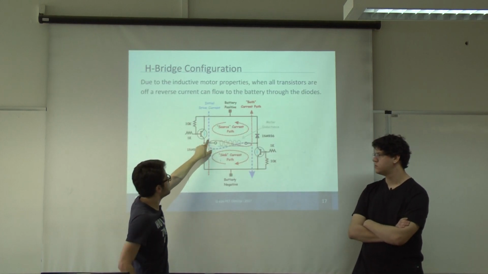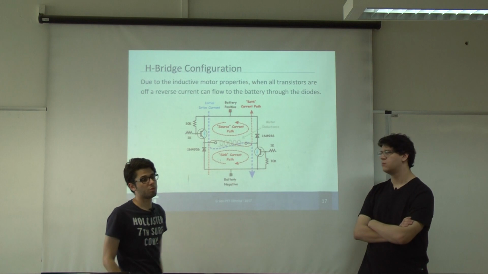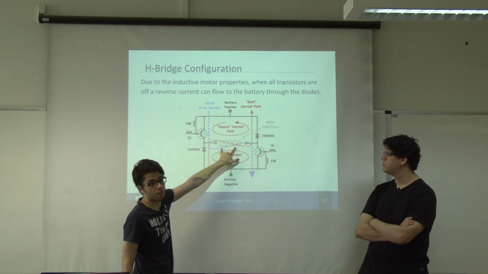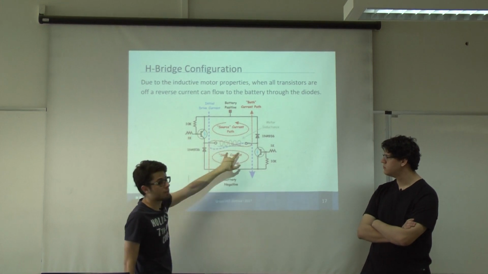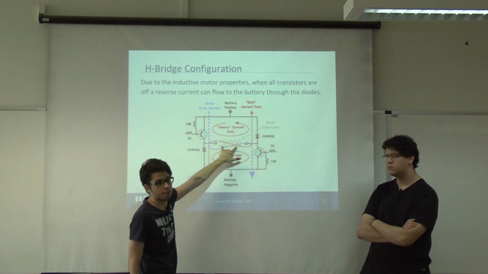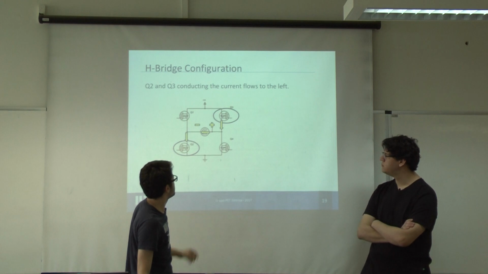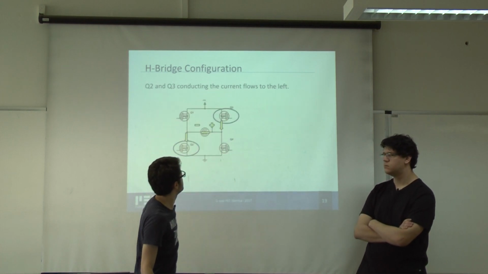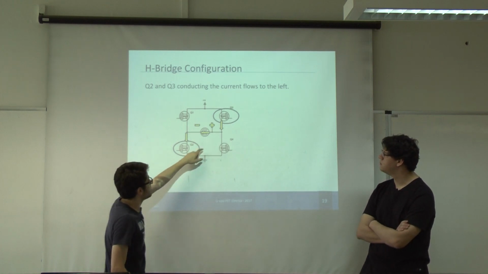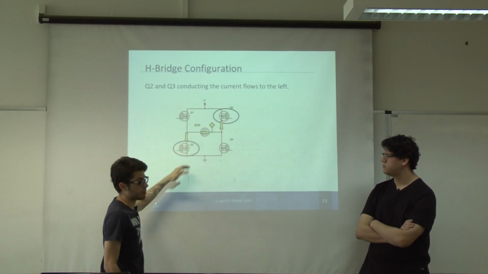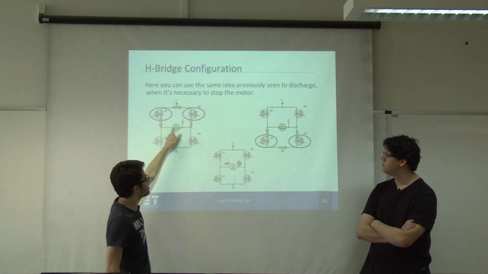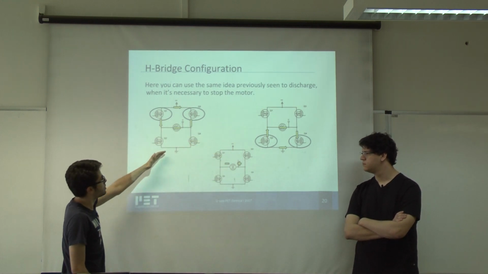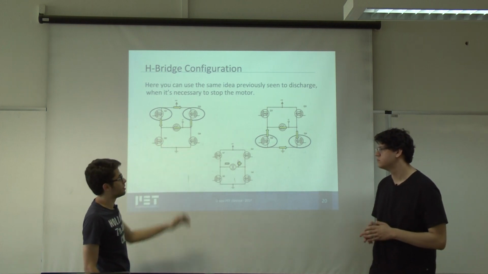This is caused by the inductance of the motor. So it will actually charge, and when you turn off, we will still have some charge here. So you really need to do this to dissipate the current. This is the other way that the current will flow, and you have the same architecture to discharge this current.